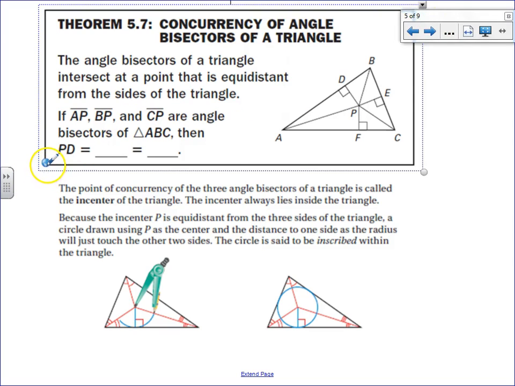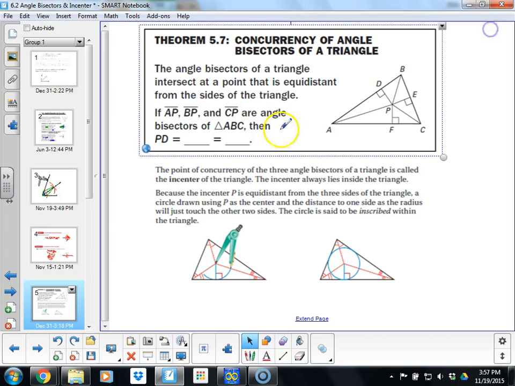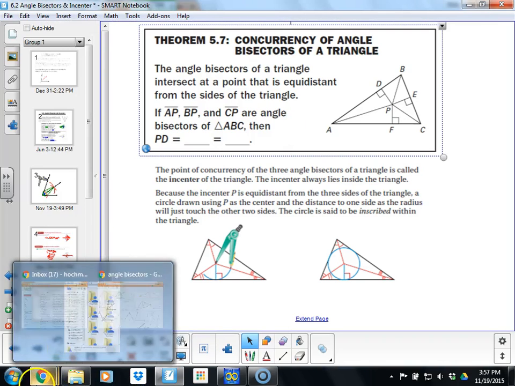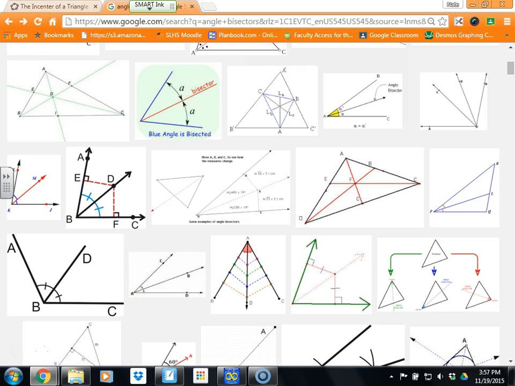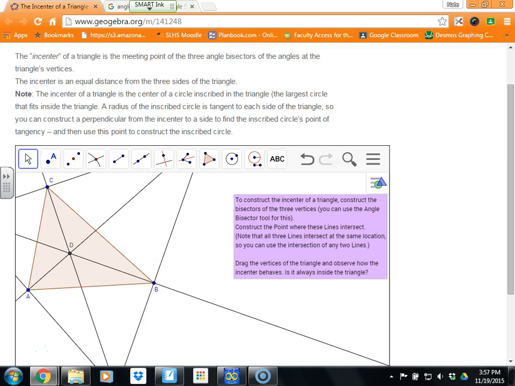All right, so now we're going to take a look at the angle bisectors within a triangle. So if we go down to GeoGebra, we can take a look at what's going on when we plot the angle bisectors in a triangle.